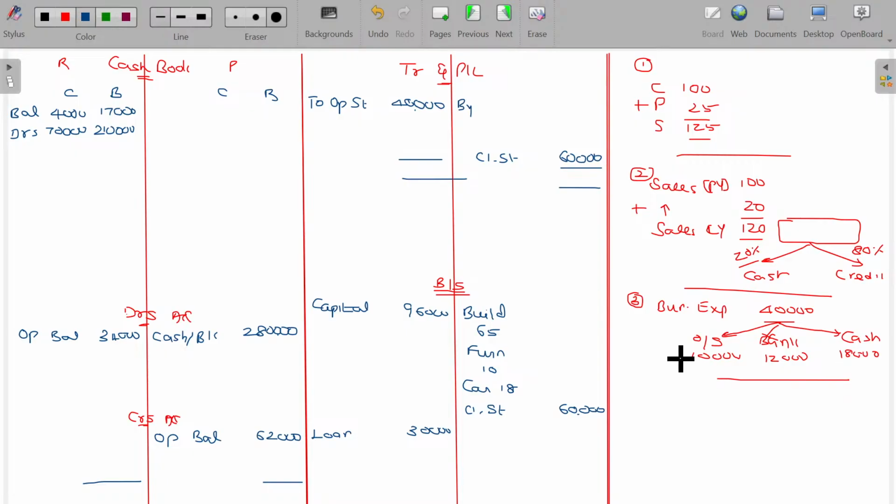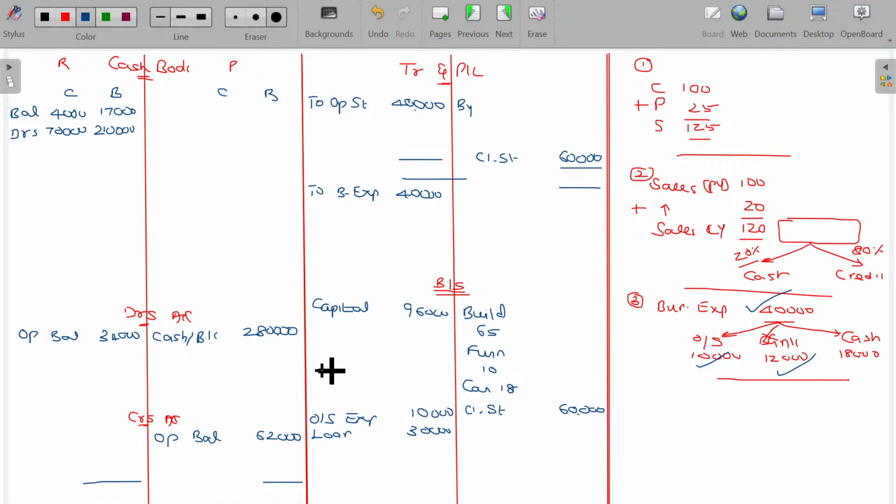Outstanding. Business expenses should be 40,000, on the debit side. And 10,000 out of that being outstanding, outstanding expenses, liability side.